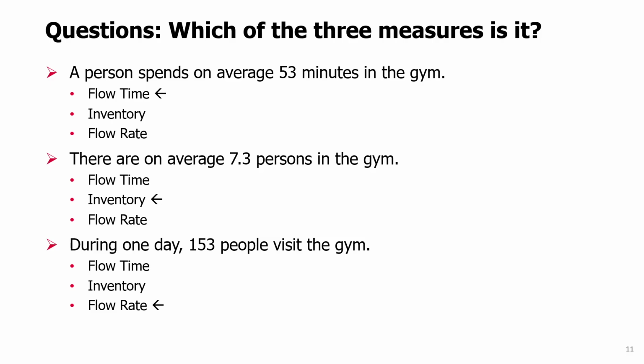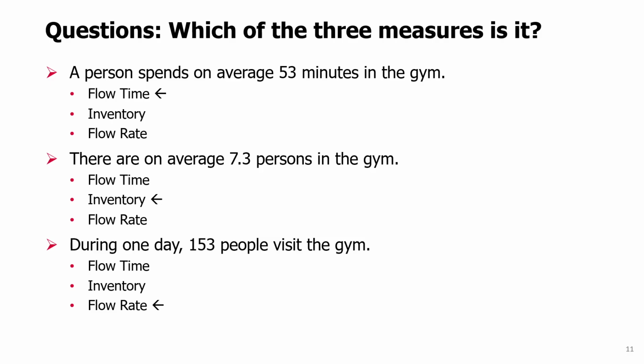You shouldn't round this. And if you look at a measure like the third one, during one day, 153 people visit the gym. You might actually think this is, again, the inventory because we're mentioning how many people are there in the gym. But we're not talking about the number of people that are present at a particular moment. We're talking about how many people went through the process over one day.